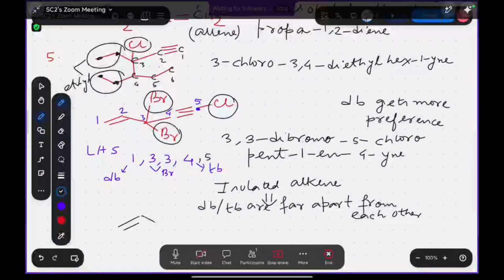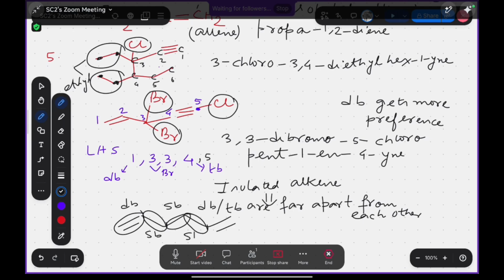See, for example, if I show you this example, this is also a diene. There are 2 double bonds here, but the 2 double bonds are widely separated. Here, this is 1 double bond. Then this becomes a single bond. Again, this is a single bond. This again forms a single bond.